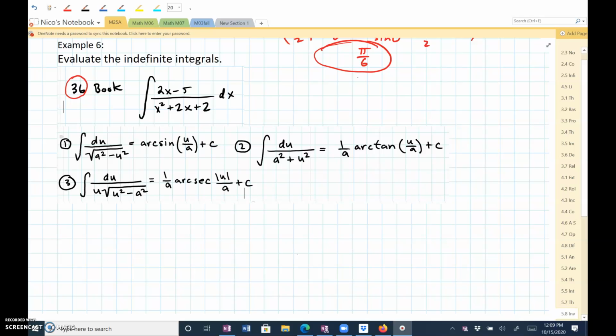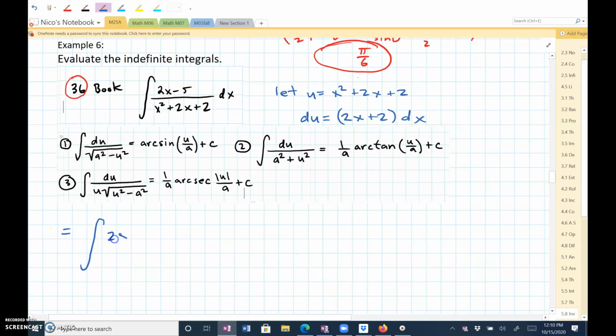Alright, so this one is a tricky one. We've got the integral of 2x minus 5 all over x squared plus 2x plus 2. So let's explore something. What if we let u equal x squared plus 2x plus 2? Then du would equal 2x plus 2 dx, which we don't have. But what if I said that this integral was 2x plus 2 minus 5, and then to account for the 2 that I added here, I subtracted 2.